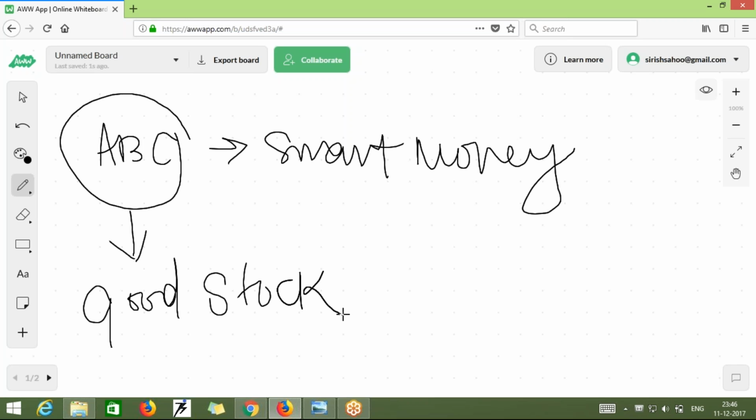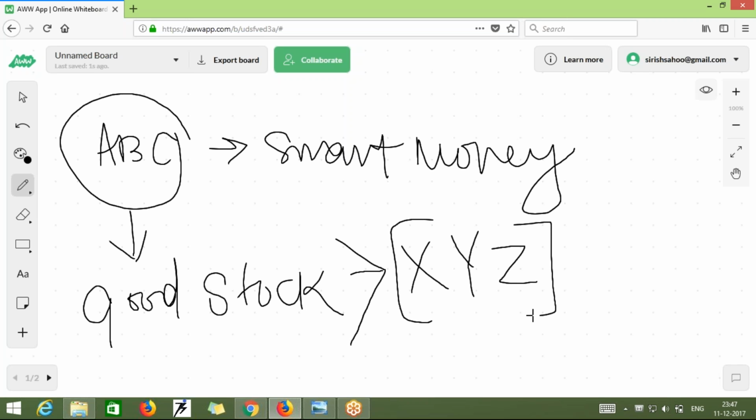And interestingly, there is a stock in the market which facilitates ABC. Let's say XYZ is the name of the stock. For example, I'm taking any example, not being stock specific, I will take XYZ as any stock.